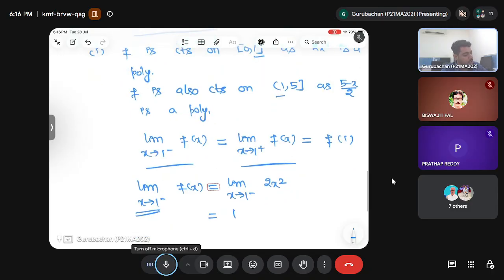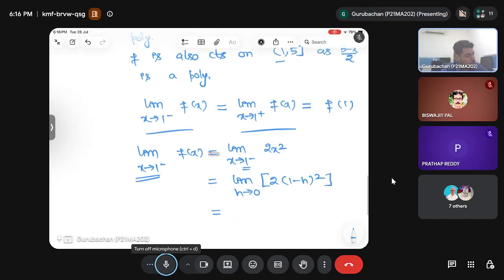So this can be written as limit h tends to 0, 2 into (1 minus h) whole square. Because it is 1 minus, I am putting 1 minus h where h tends to 0. So this will be limit h tends to 0, 2 into (1 plus h square minus 2h).